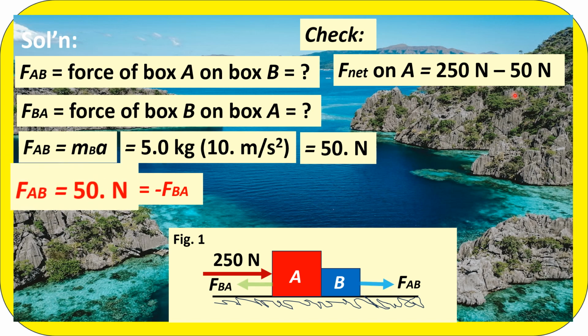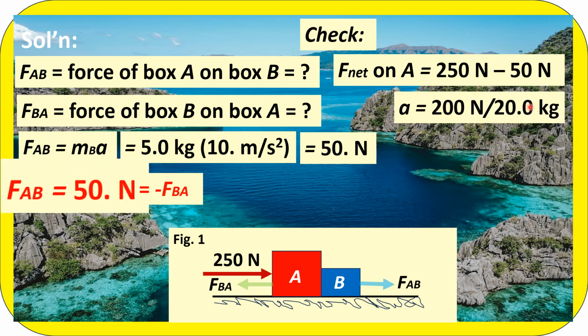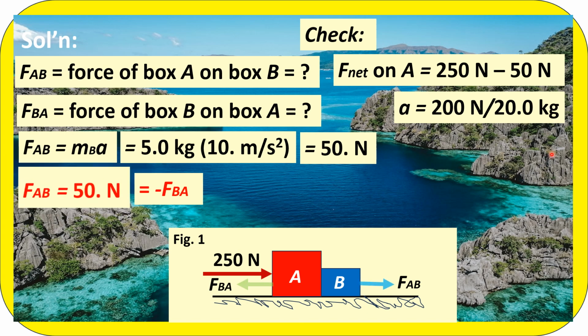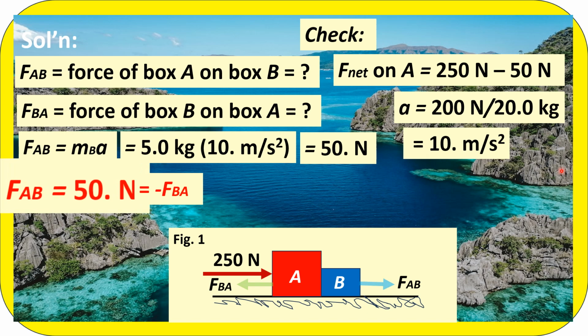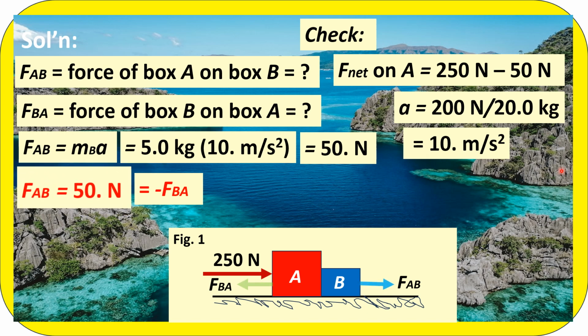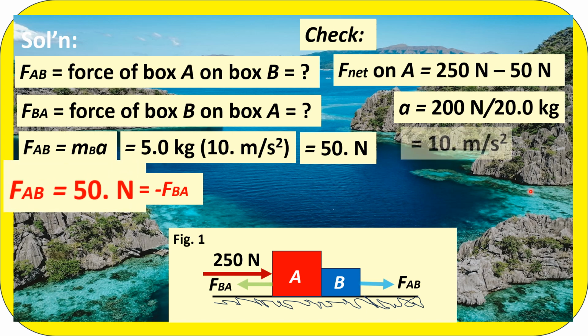So that makes a net force equal to 200 newtons. And if we divide that by the mass of box A, 20.0 kilogram, we have the acceleration of box A equal to 10 meters per second squared. Indeed, box A and box B have the same acceleration. That means we are able to check our answer.